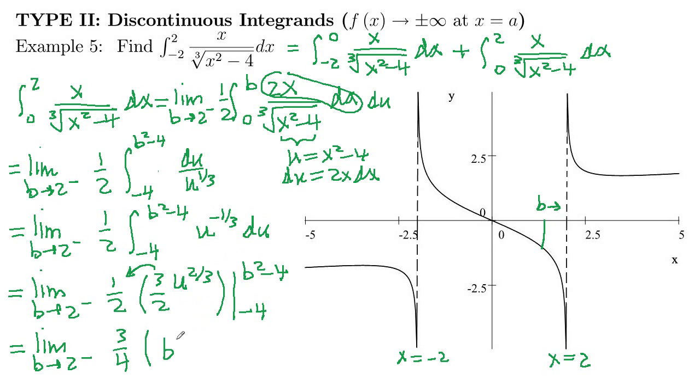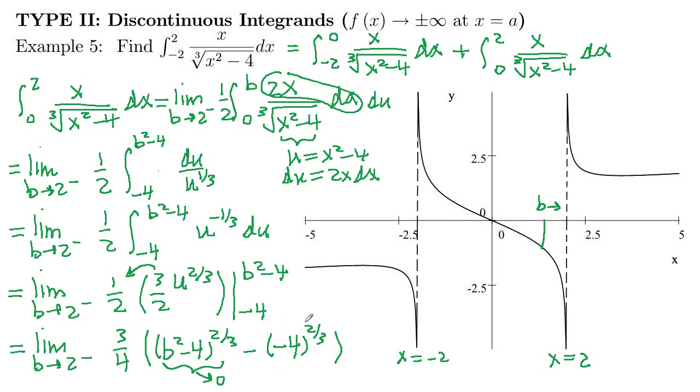So it'll be b squared minus 4 to the 2/3 power minus negative 4 to the 2/3 power. So when we take a limit here, b is approaching 2. So b squared here approaches 4. This looks like 4 minus 4, 0. And, oh, that should be a 2/3 power, not a 2/4. But 0 to any power is 0. So this piece here is approaching 0.